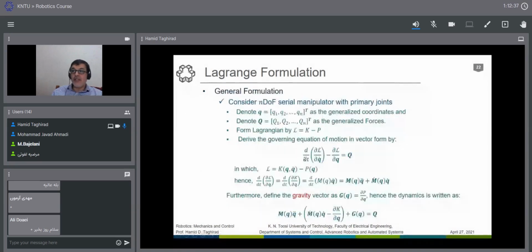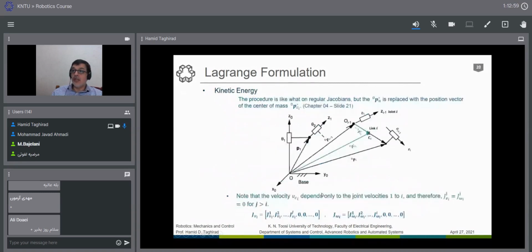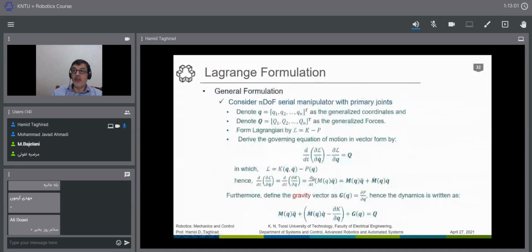And if you have this, now you would like to find the derivative. Note that K is a function of Q and Q dot, but P is a function of Q only. You see here, we only have P in either this case or this case. We don't have any velocity term here. So the potential energy is a function of Q, but kinetic energy is a function of Q and Q dot.